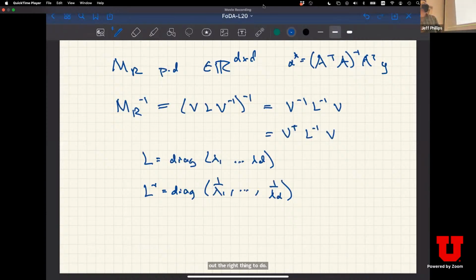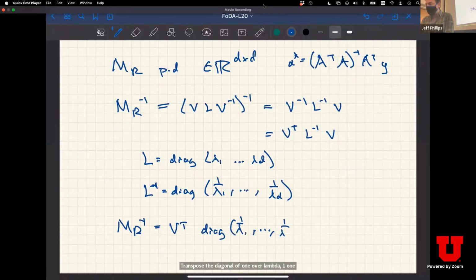And so M_R inverse is equal to V transpose times the diagonal of 1 over lambda 1 through 1 over lambda d, times V. So if you can do the eigen-decomposition, you can take the inverse of a positive semi-definite square matrix.